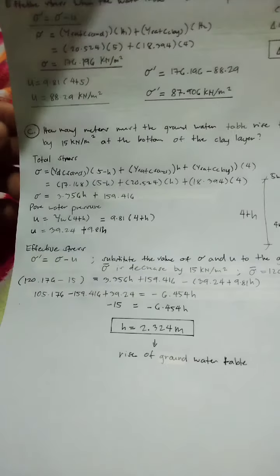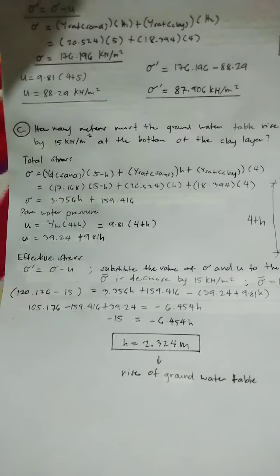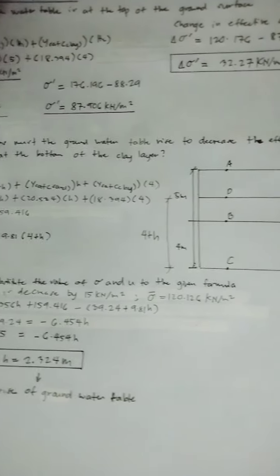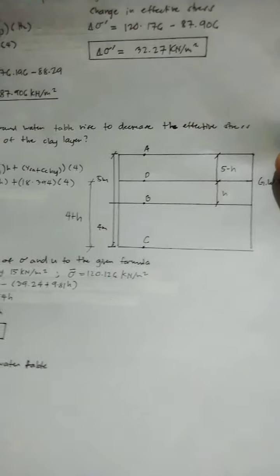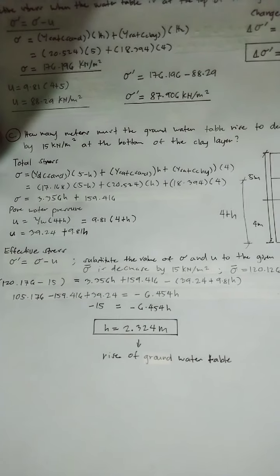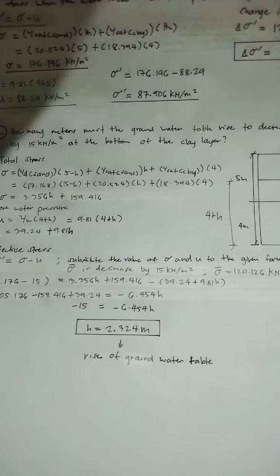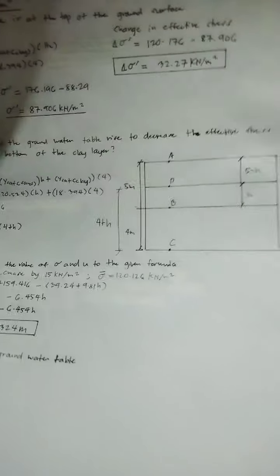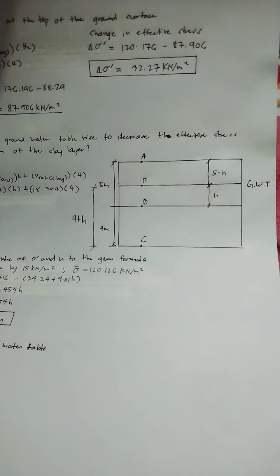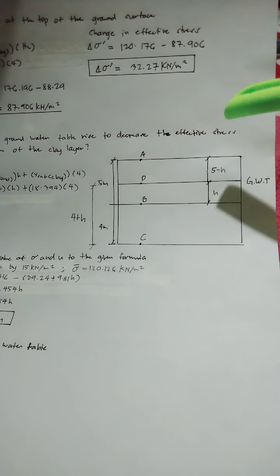For the last question, we have: how many meters must the groundwater table rise to decrease the effective stress by 15 kilonewton per meter squared at the bottom of the clay layer? What I have done is make a figure.